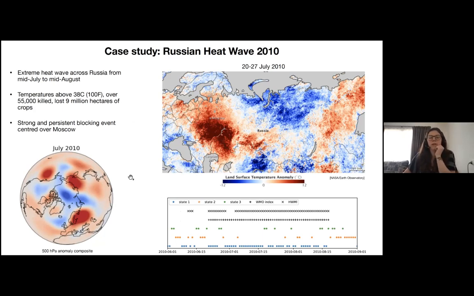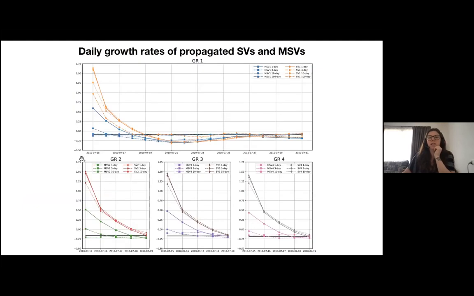And we chose the leading SVs and MSVs of that day. And then we propagated those forward with our linear propagator and looked at how the growth rates acted in time. The first plot up here just shows the growth rate 1, so the growth rate of our leading singular vector and MSV.